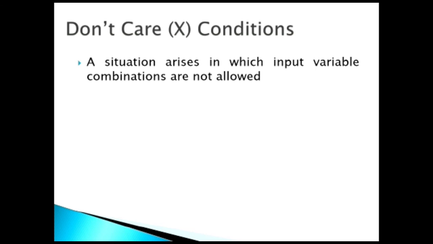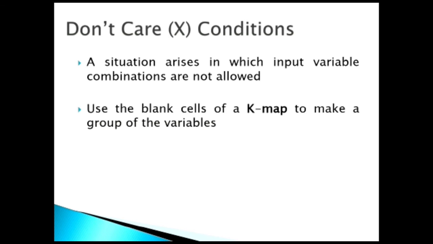So a don't care cell may be considered as either 1 or 0, so that we can simply find the K-map. Don't care uses the blank cells of the K-map to make a group of the variable. Don't care condition can help us to form a large group of the cell.